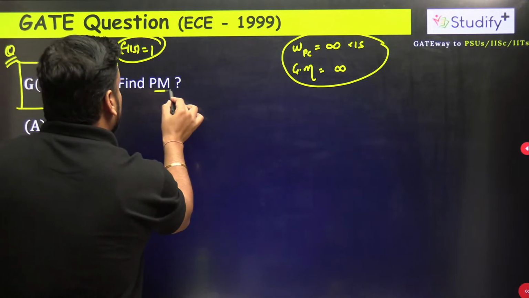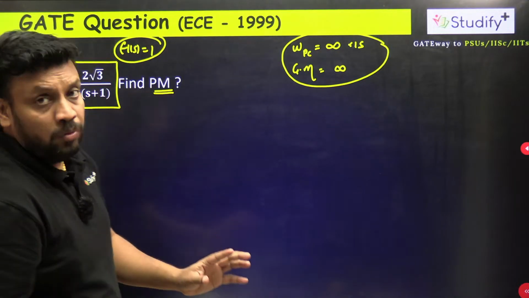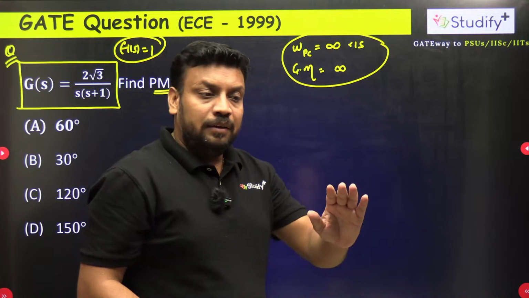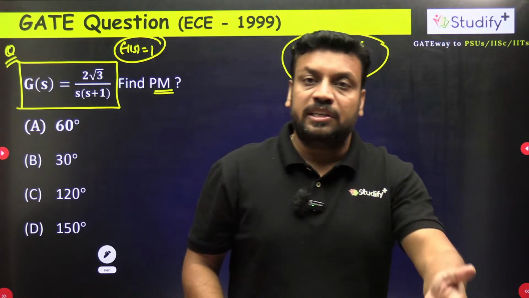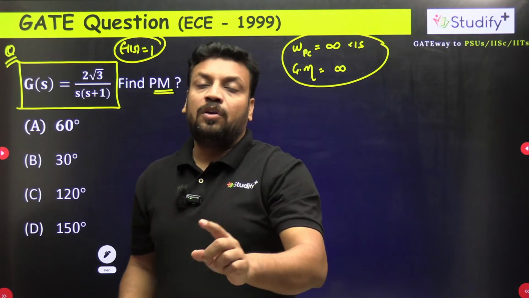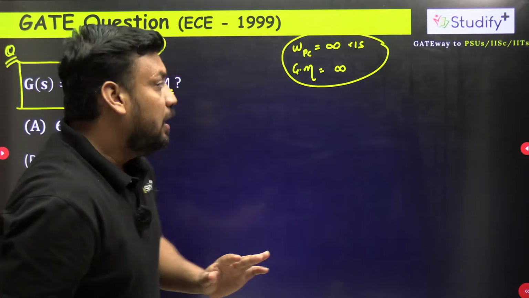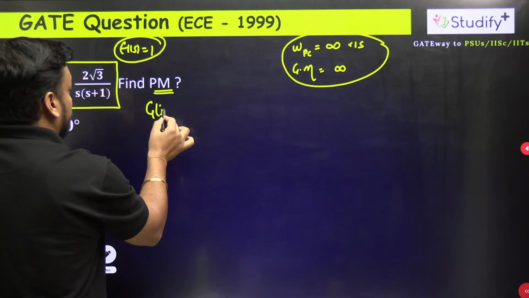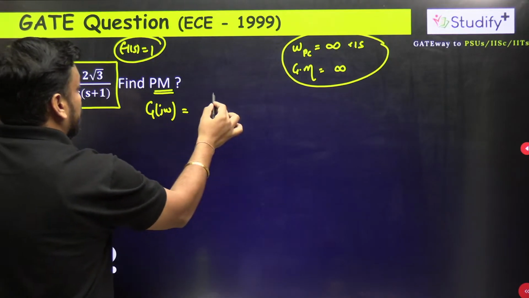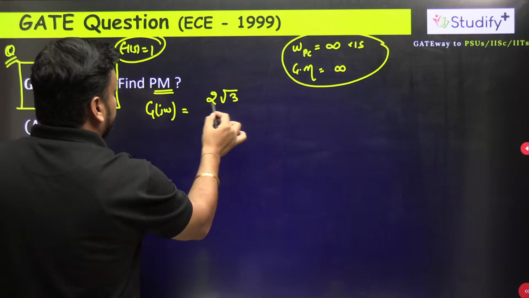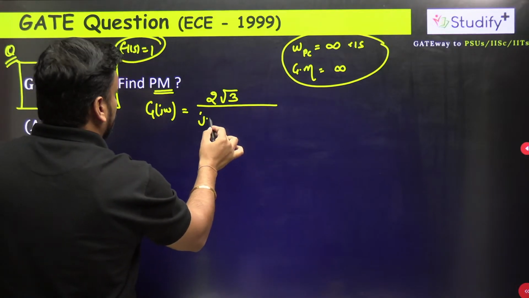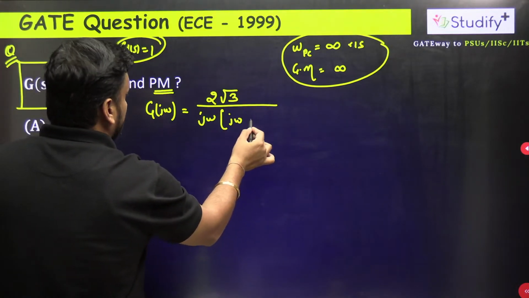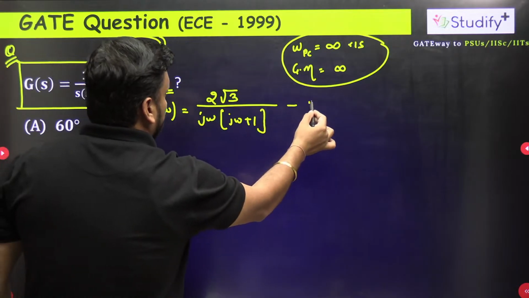Now the examiner is asking for phase margin. As I already told you in the derivation, whether we should calculate GM or PM, first of all we need to write three equations. If I want to solve it conventionally, the first step is G(j omega). If I put s equal to j omega, I write here twice root 3 upon j omega into j omega plus 1, equation number 1.